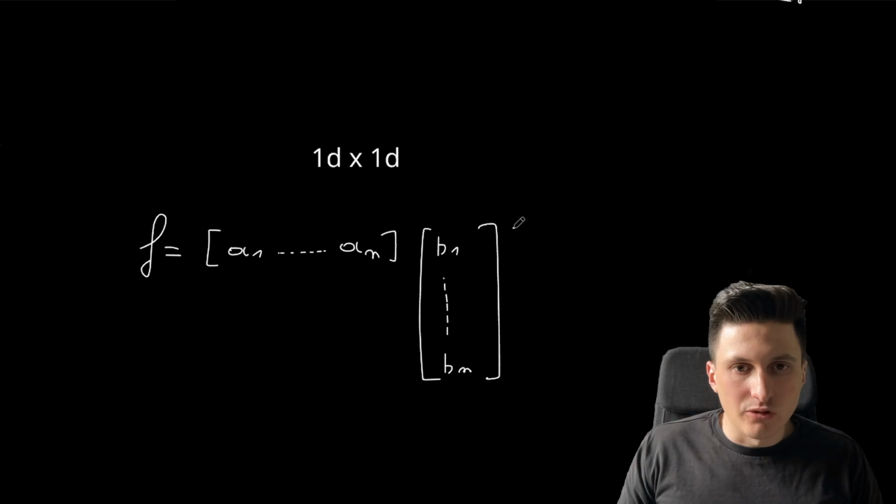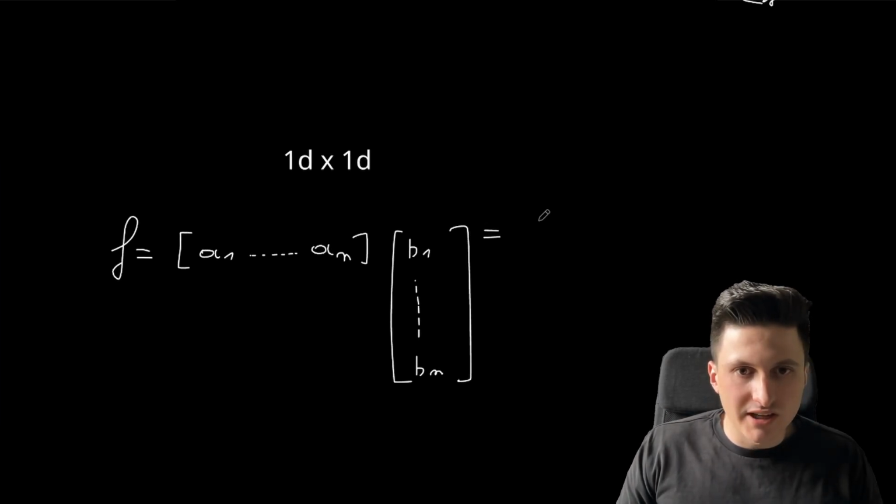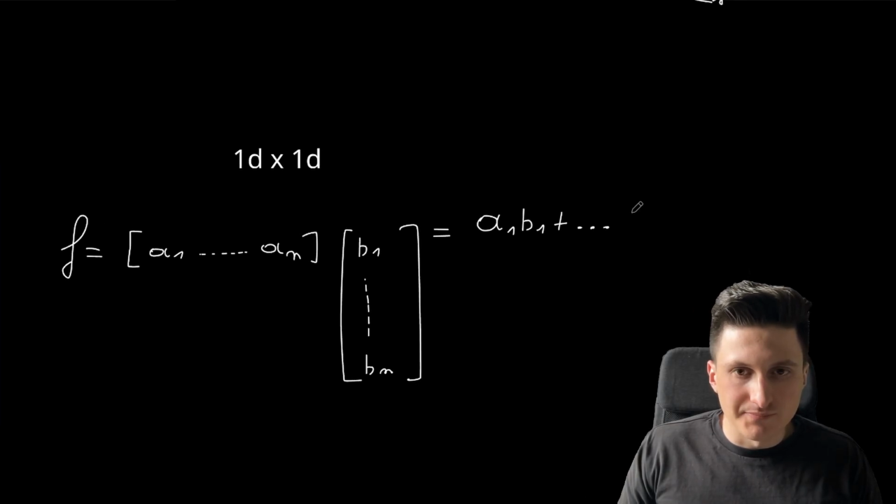And this will result in a single scalar output, which we can construct by just multiplying elements at corresponding positions and then summing all of them. So it will be calculated like this.